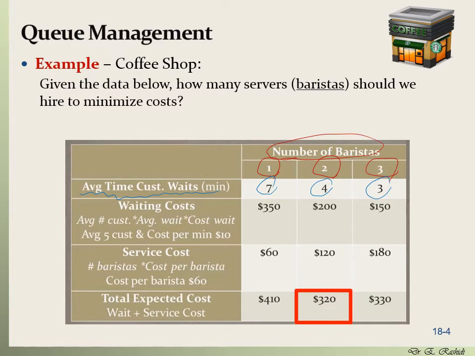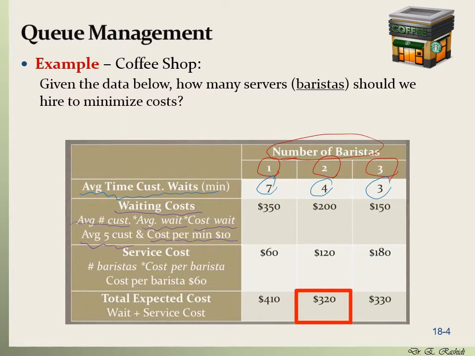Now, based on this information, we want to compute the waiting cost. For the waiting cost, we can use this formula here: the average number of customers multiplied by the average waiting time multiplied by the cost of waiting. So we assume that there are an average of 5 customers waiting in line, and the cost per minute is $10.